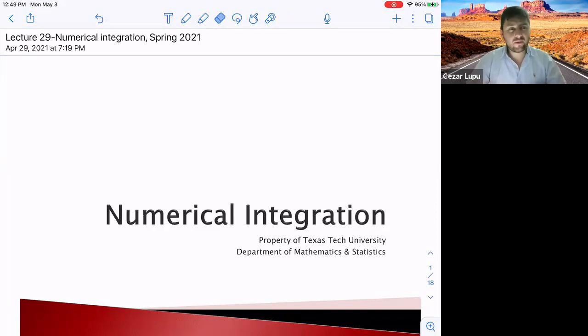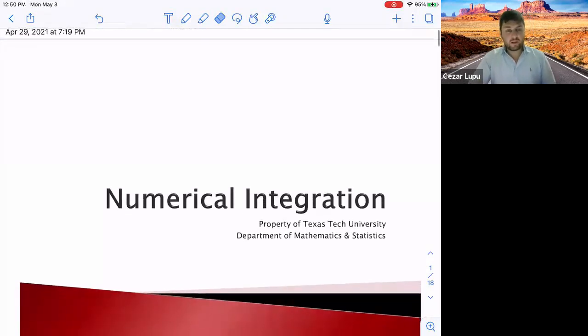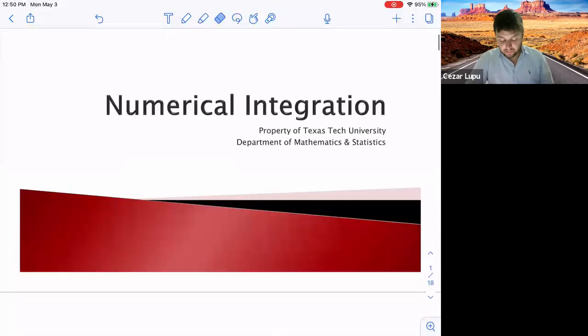Usually this is not covered in any Calculus 1 material at other institutions. I'm surprised in a good way that the tech actually cares about these numerical integration formulas. All right, so let's see what this is all about.